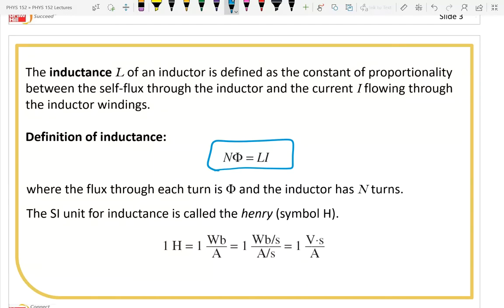So what is N? N is the number of turns or number of loops, depending on who you are. Most textbooks use the word turns. What is the name of that symbol?